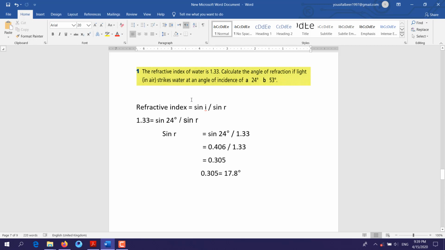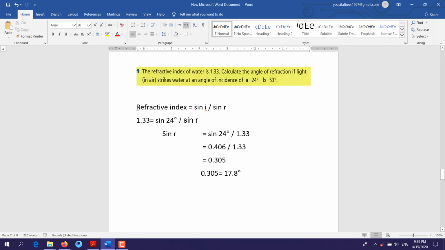If you look at the question and focus on the information they gave us, firstly, we have the refractive index and we have the incidence angle. What they want from us is to find the angle of refraction.